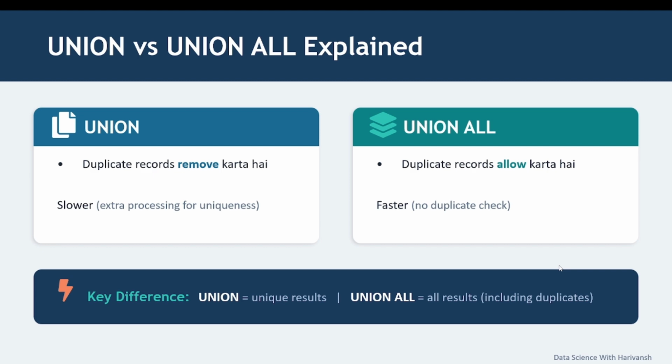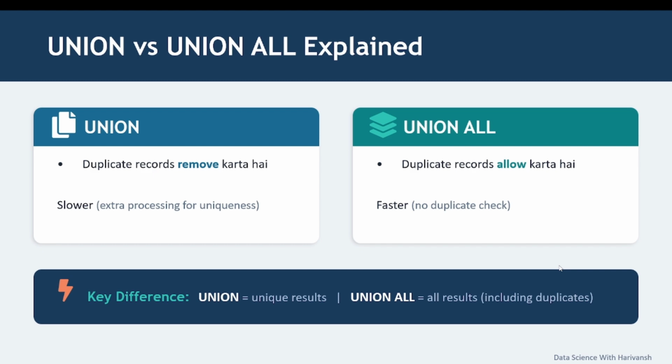This means if a record exists in both the first query and the second query, it will appear twice in the output of union all. Because union all skips the deduplication step entirely, it is significantly faster than union and requires less computational overhead.